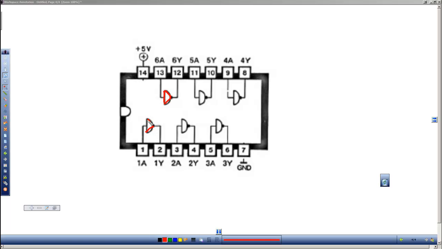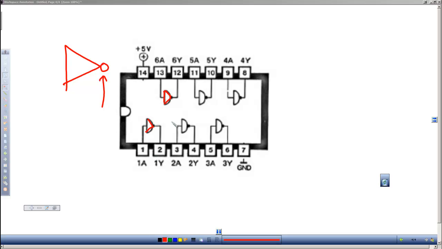These are not supposed to be round. The symbol for the inverter is this triangle with a little dot indicating it inverts. And whenever you see a dot on a circuit, when you're looking at a schematic, that says it's going to take the output and invert it. There are other chips that will do that.